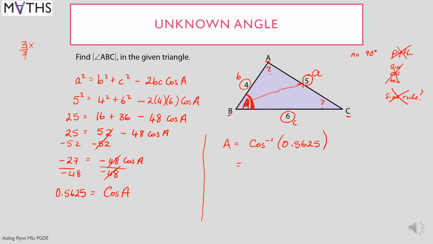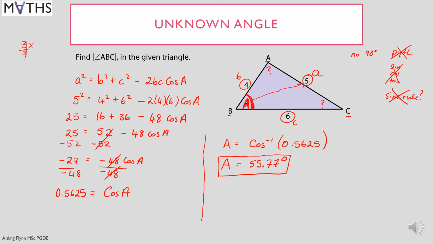You use the shift and the cosine button to select cosine to the minus 1, the inverse of cosine, and type in 0.5625, and you'll get the measure of angle A. So I get 55.77 to 2 decimal places degrees. It's not specified how accurate we need to be, so we'll leave it there. So 55.77 degrees.